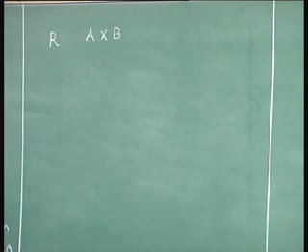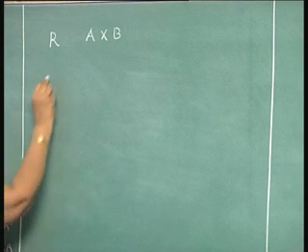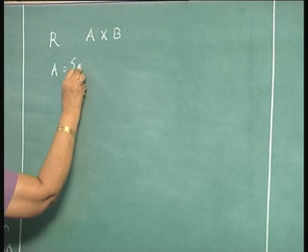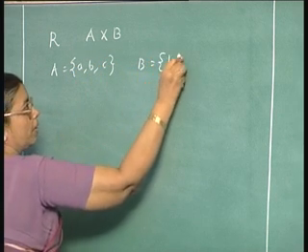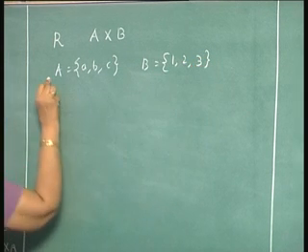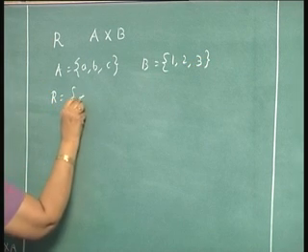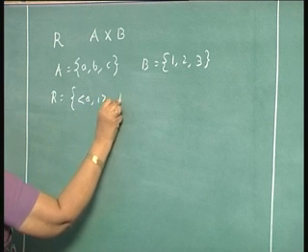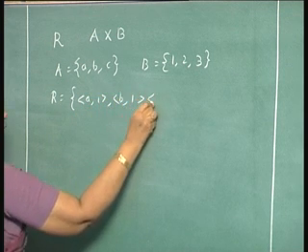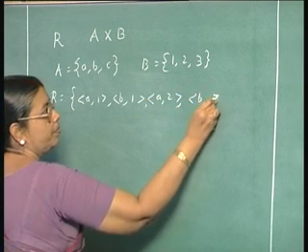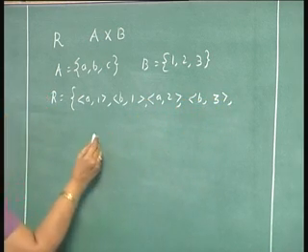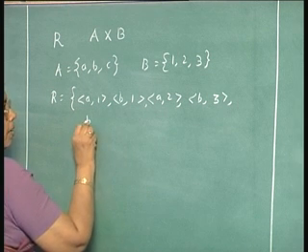In this example, it happened to be that the binary relation is on A cross A. Supposing R is on A cross B, take A to be {a, b, c}, B to be {1, 2, 3}, and R consists of the following ordered pairs: (a, 1), (a, 2), (b, 3), (c, 2).